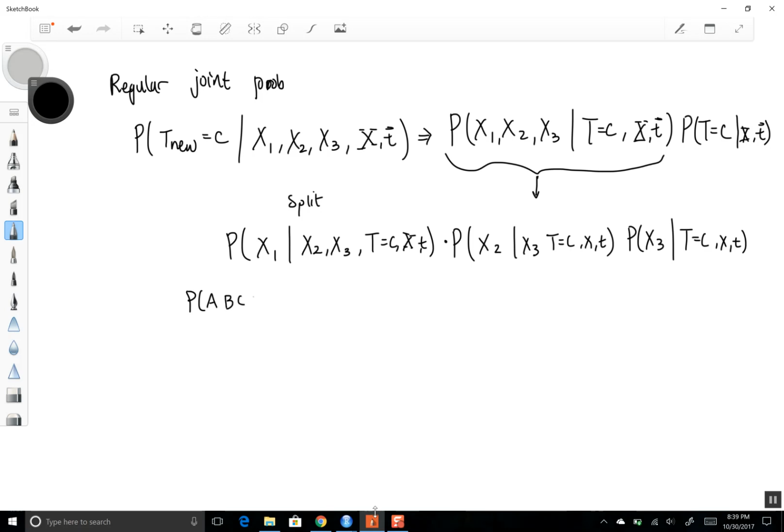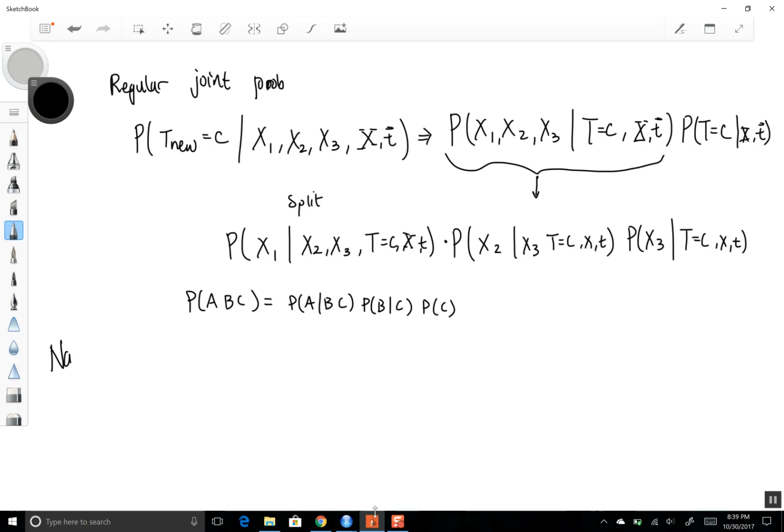Probability A, B, and C is probability A given B and C, times probability of B given C, times probability of C. And we can extend this to even more variables. This is basically what I'm applying here.